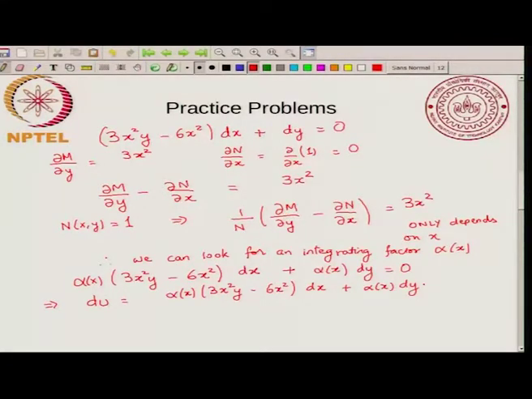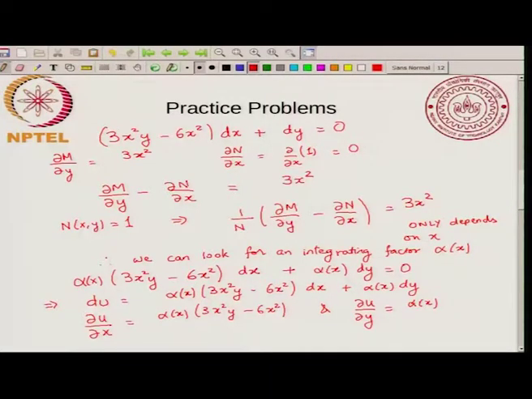Okay. So, we immediately know that dou u by dou x is equal to alpha of x times (3x square y minus 6x square) and dou u by dou y is equal to alpha of x.